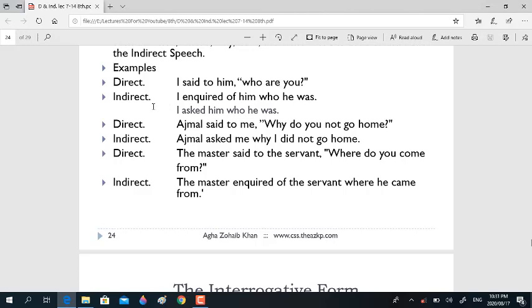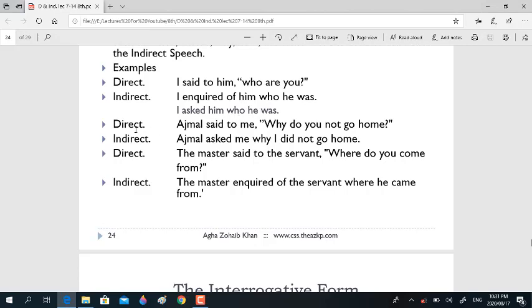And full stop. I inquired of him. You can also go like this if you use inquired: I inquired of him who he was. I asked him who he was.